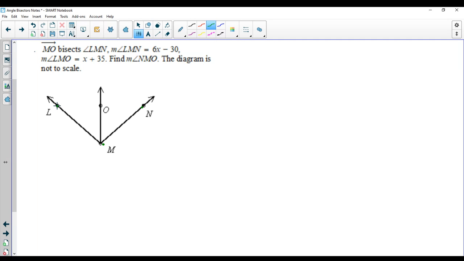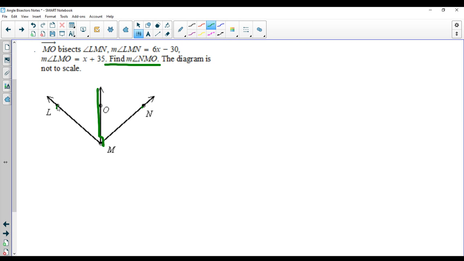This ray MO is our angle bisector. Okay? They tell us that the measure of angle LMN is 6x minus 30. The measure of angle LMO is x plus 35. Here's what we're asked to do. Find the measure of angle NMO.